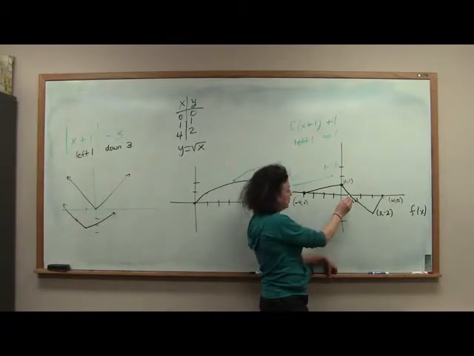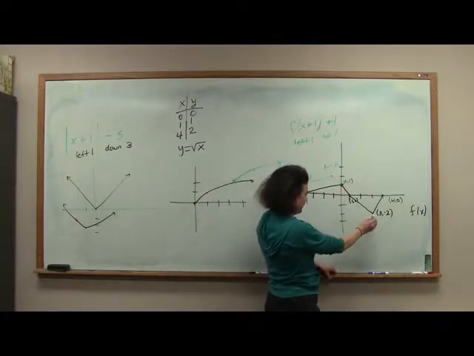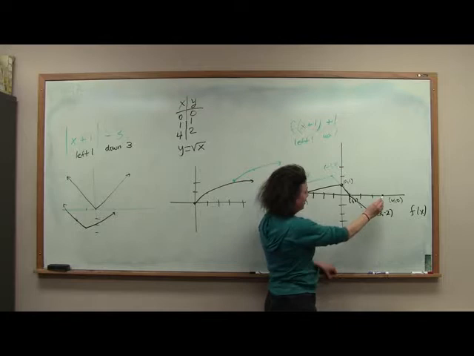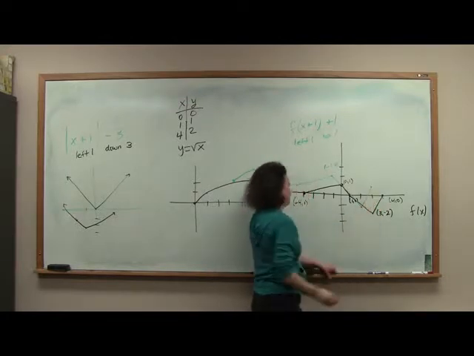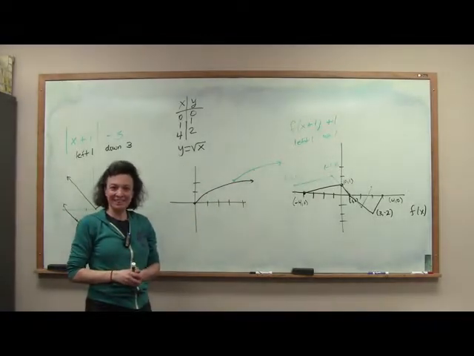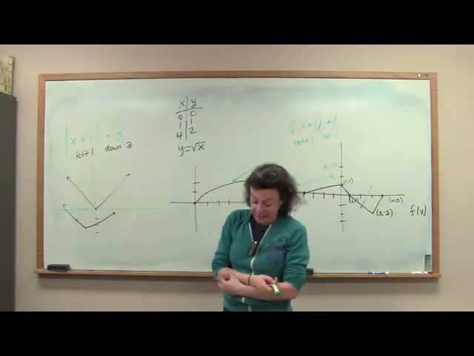If I go left 1 here, I go left 1, up 1. Oh, that's kind of nice. For this guy, I'll go left 1 and up 1. And then left 1, up 1. And there we have it. Isn't that neat? I think so. Okay.